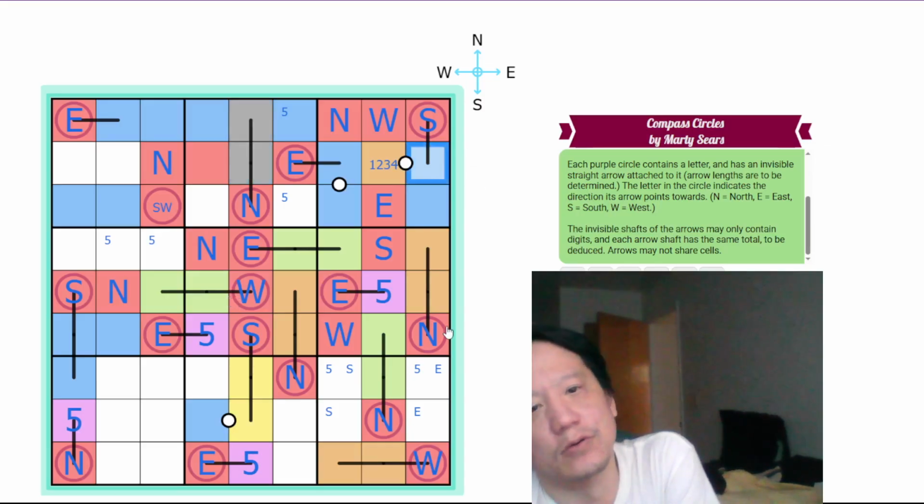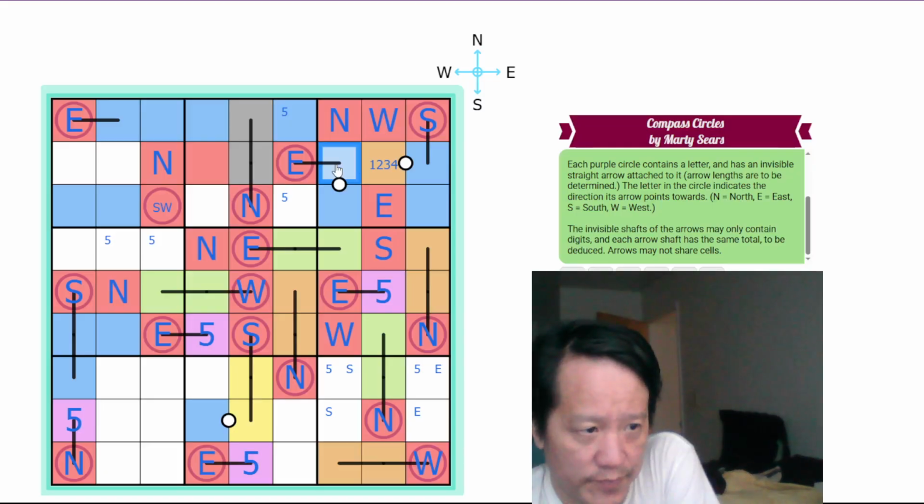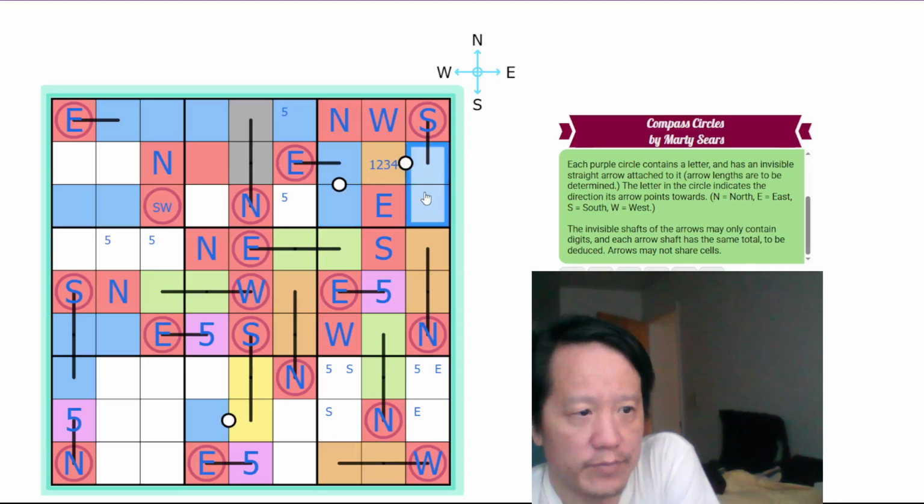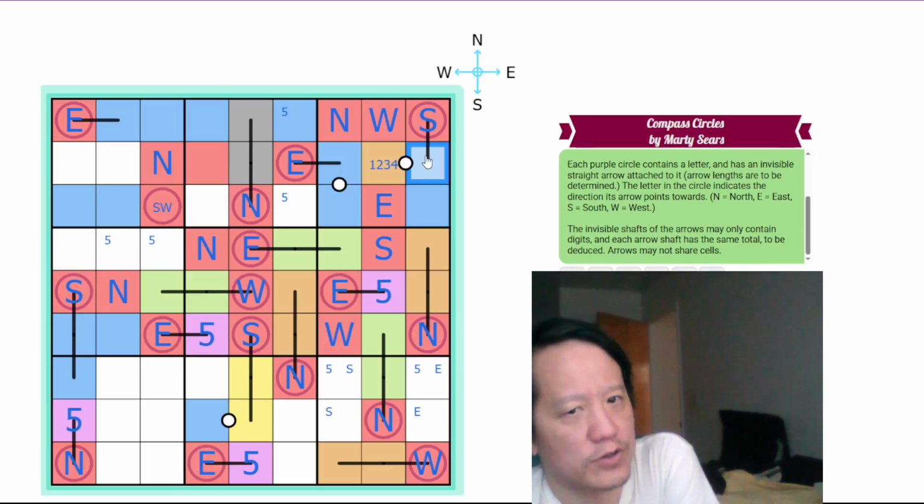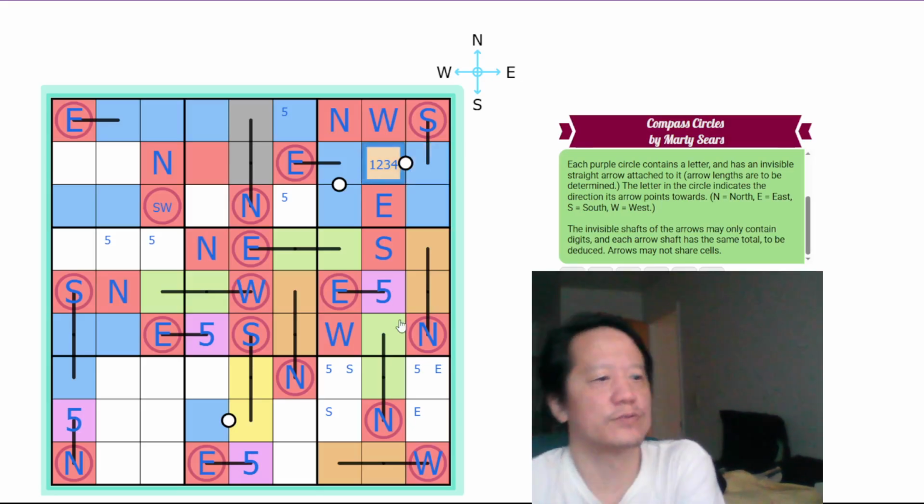This can't be or... So if this is 5, that would force this to be 4. Therefore, this could not... I guess that could work. That would be 2, and this would be 3.